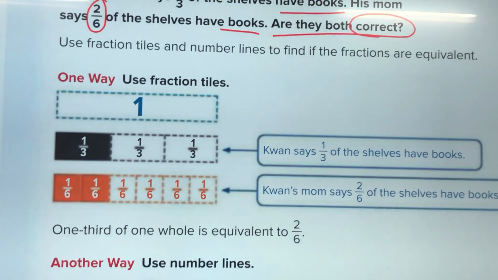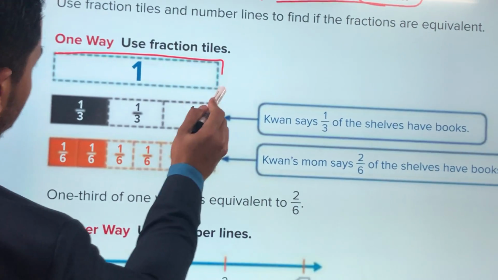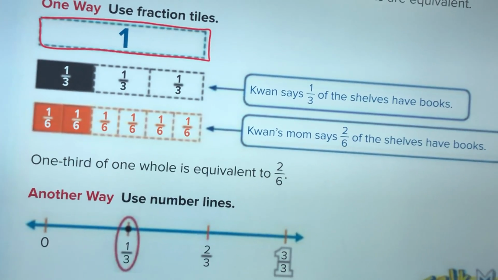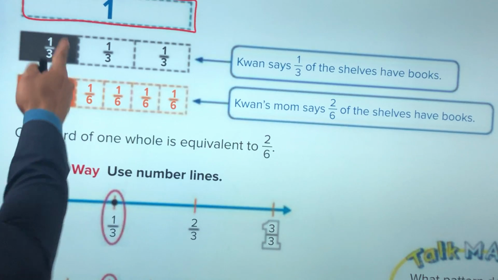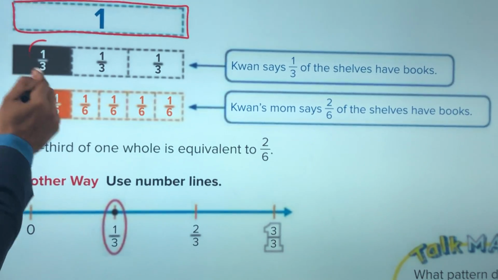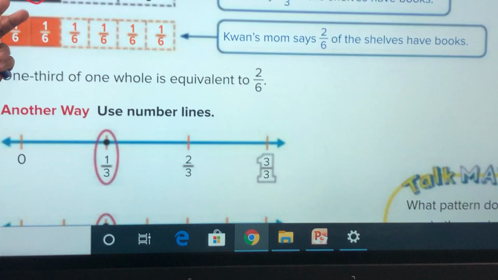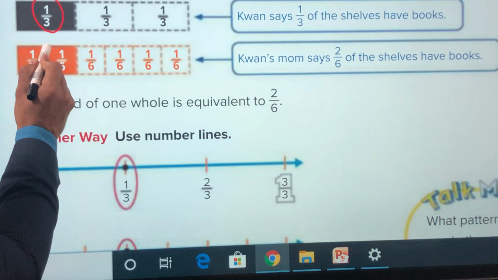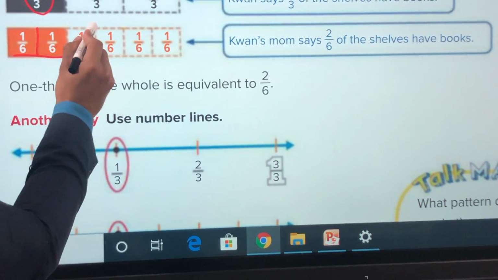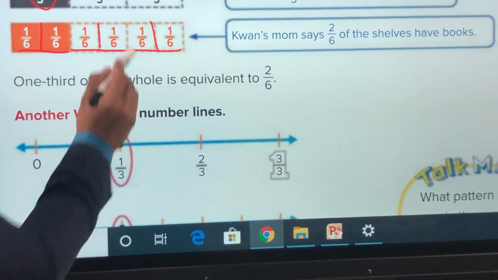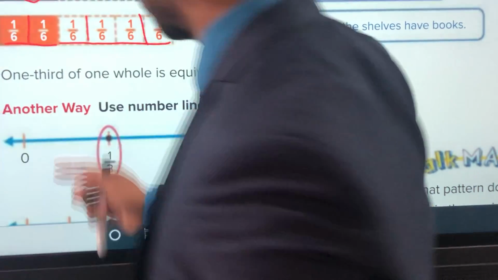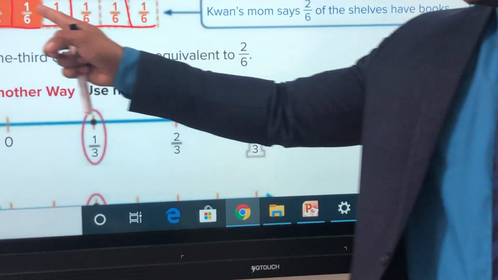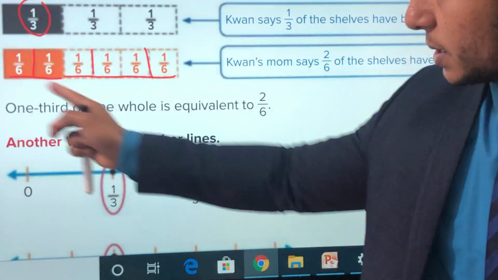Let's see. One shelf here, as you can see, is divided into 3 parts. So this is 1/3. And each third is divided into 2 equal parts, so here 2, here 2, and here 2. How many parts here? It's 6. So each unit fraction is 1 over 6, or 1/6. How many sixths here?